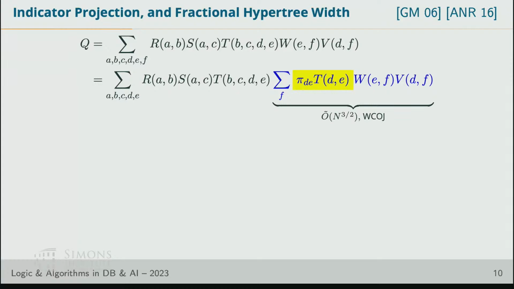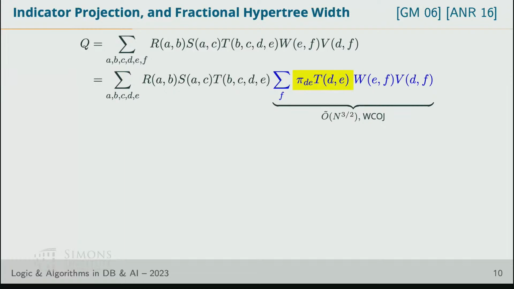However, there are many pairs E and D that will never occur in the T table. It would be a big waste to compute over those pairs, because they will be killed off by the DE entry here.